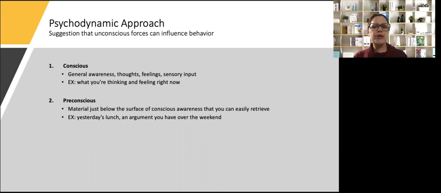Or what was the argument that you had with your significant other over the weekend? Maybe it's not something that you're focusing on now, but if someone was to ask you about it, you could retrieve that information, right? You could recall the information accurately and with little to no effort.